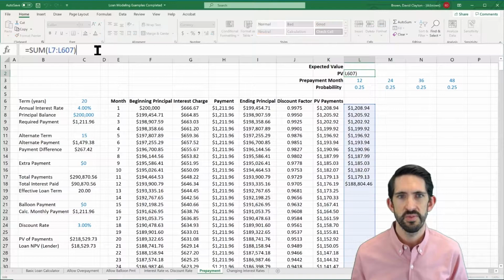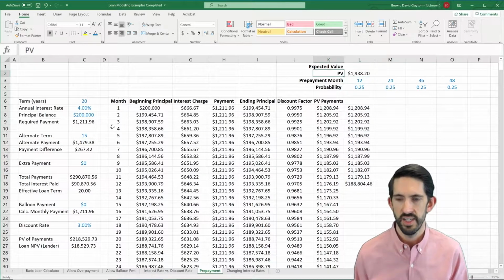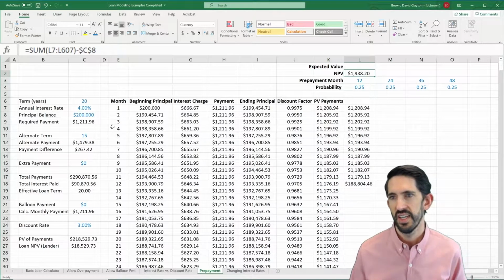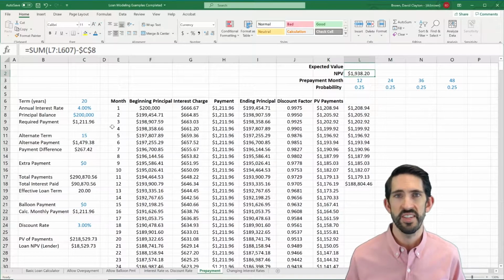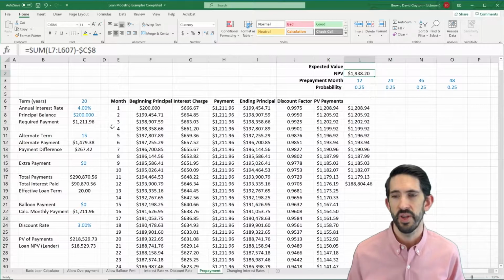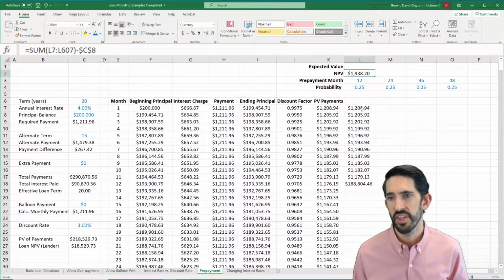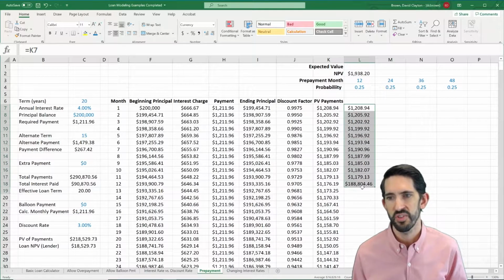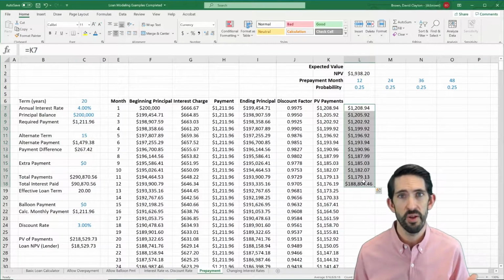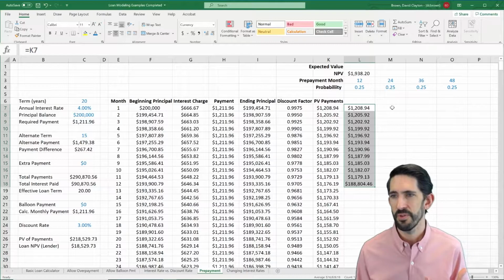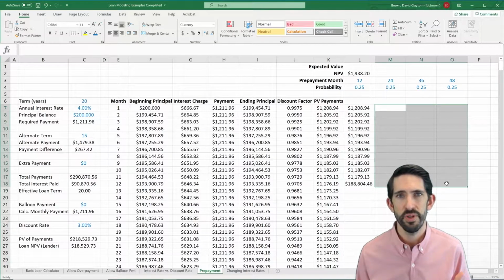If we actually calculate the NPV, let's subtract off our principal balance at the beginning, and let's change that to NPV. So that loan would be worth $1,938. All right. Now you could do that exact same thing where I just kind of copied down for these 12 cells and manually figured out what are those present values going to be. But you'd have to do that for 3 more prepayment periods.